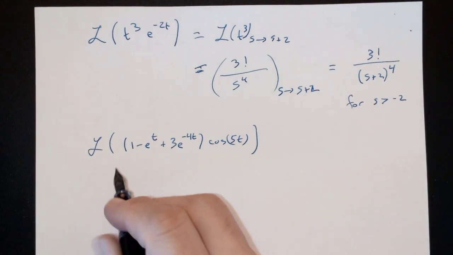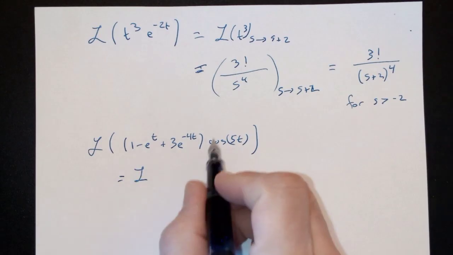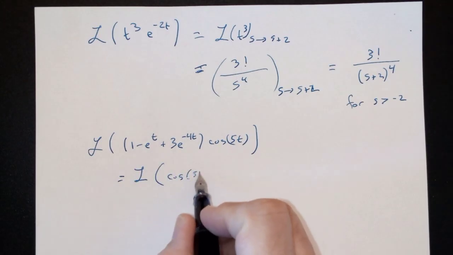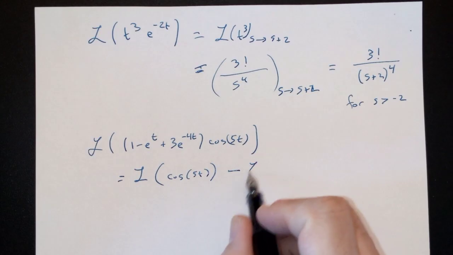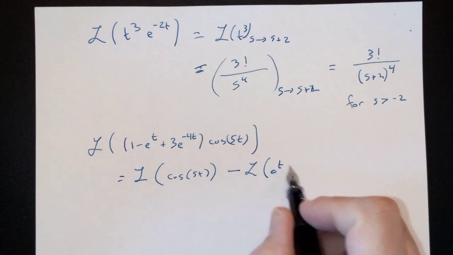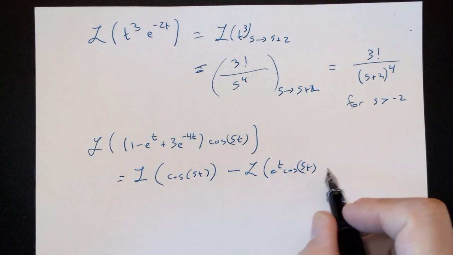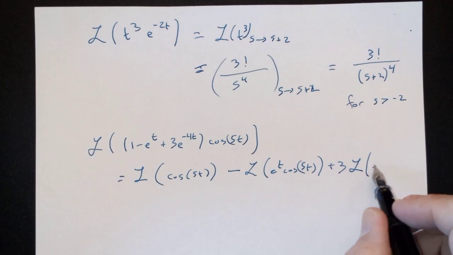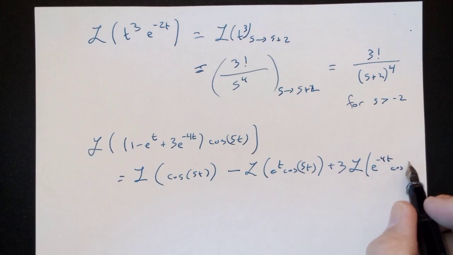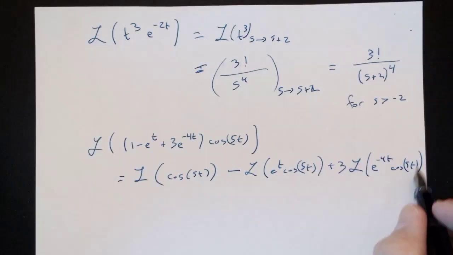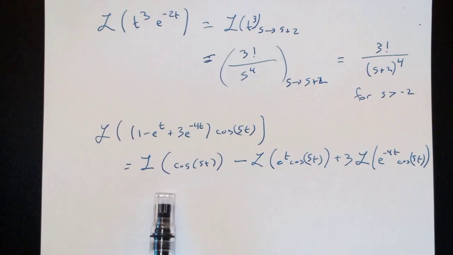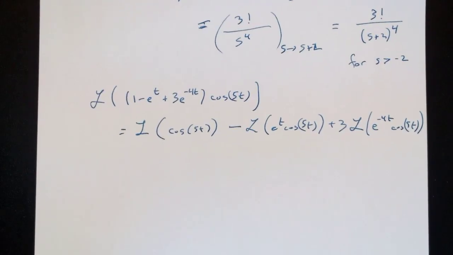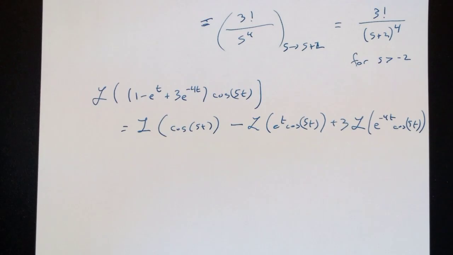This is really the Laplace transform of cosine 5t, minus the Laplace transform of e to the t cosine 5t, plus 3 times the Laplace transform of e to the minus 4t cosine 5t. And each of those is either directly on my formula sheet, as the first one, or a shifted version, as are the second and third ones.